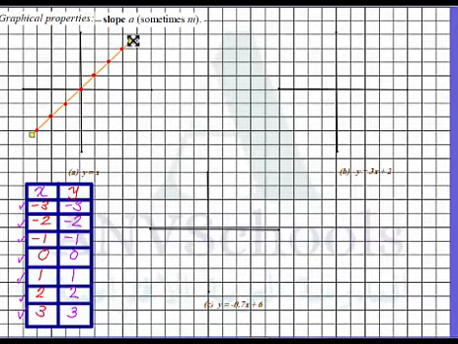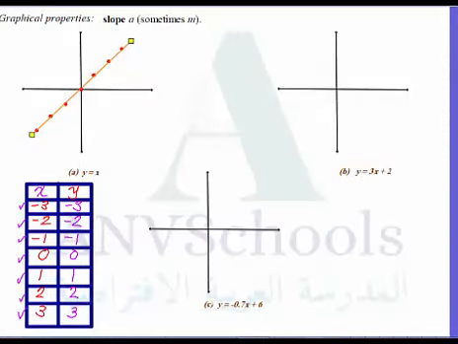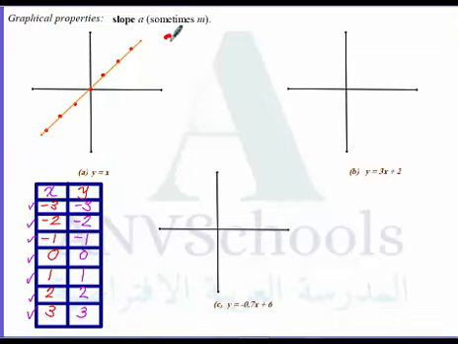Okay, so now let me take out the grid lines. So now I have my y is equal to x. That's so thick. Okay, so this is the function f of x, or y is equal to x.